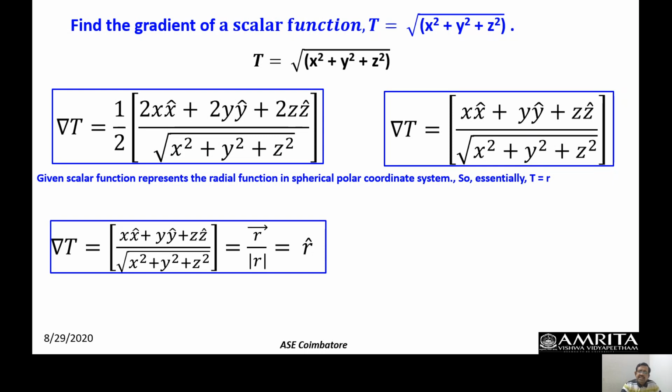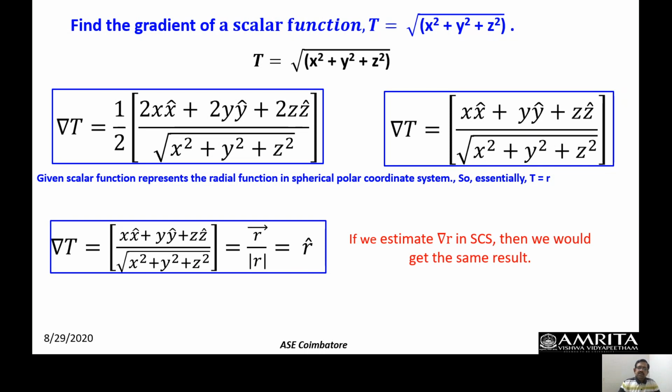Okay. Now if I deal with this problem simply with the spherical polar coordinate system, I can easily get del t to be equal to 1 times r hat. So we will get the same result that we are getting here, which is not surprising. So you can see the very simple example which I gave. You need so many steps, but if I invoke the spherical symmetry, I can get it in one step.